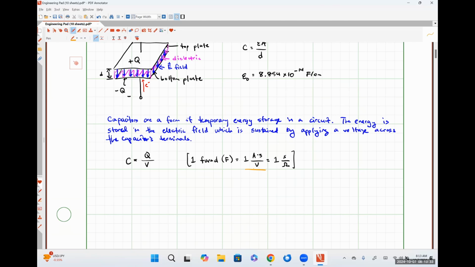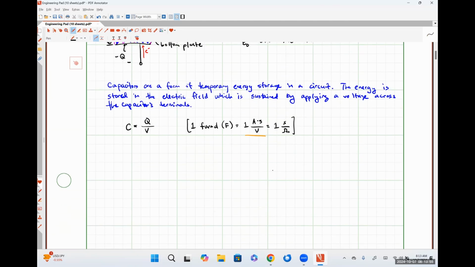So let me think about things here really quickly, where I want to go from this. So we've talked about what capacitors are. Let's mention what capacitance is then. I don't think I've written that down yet.